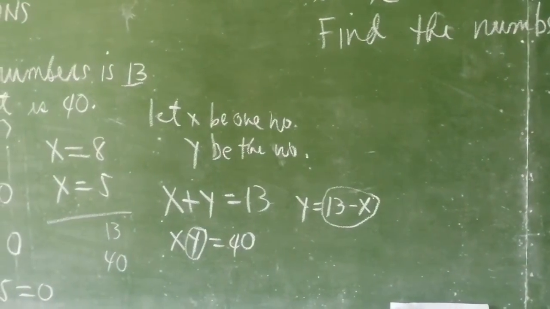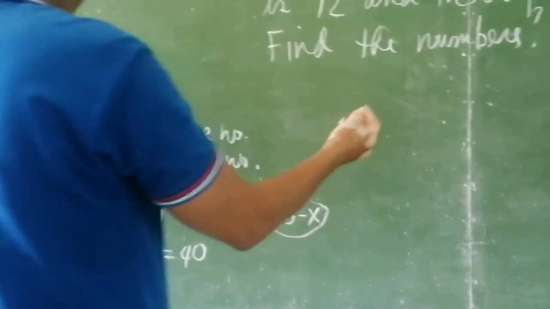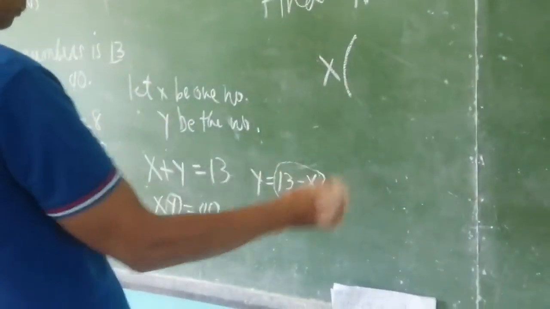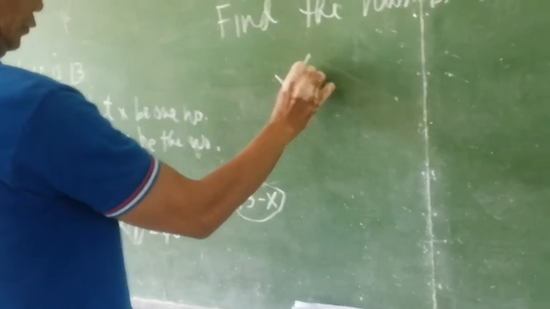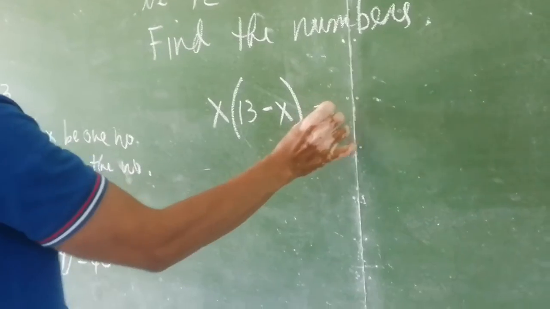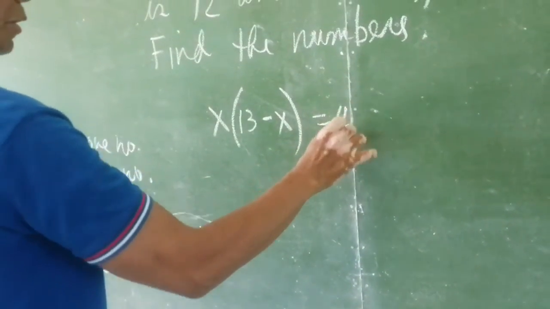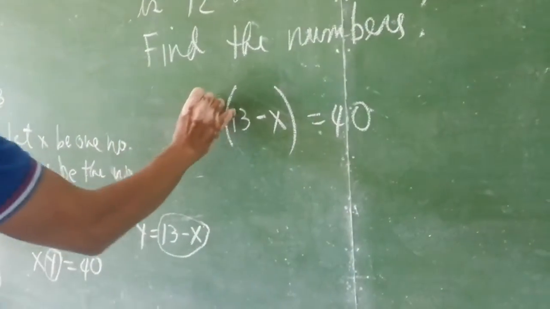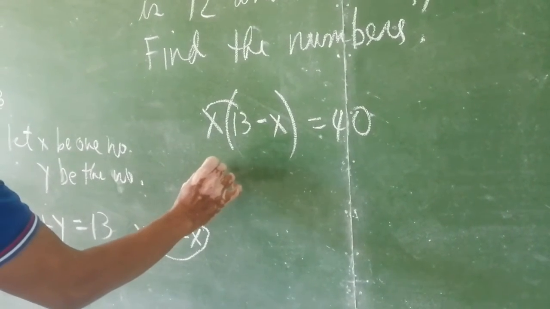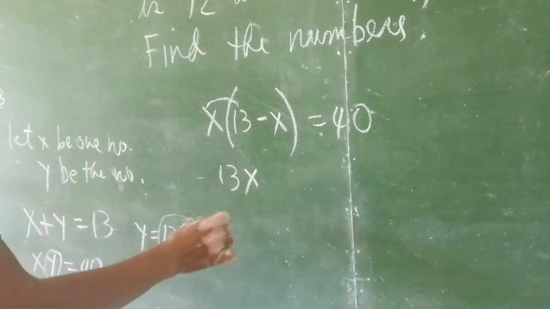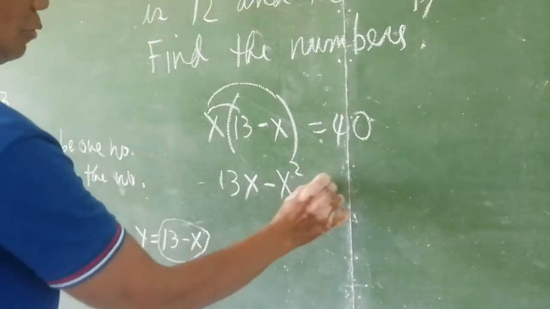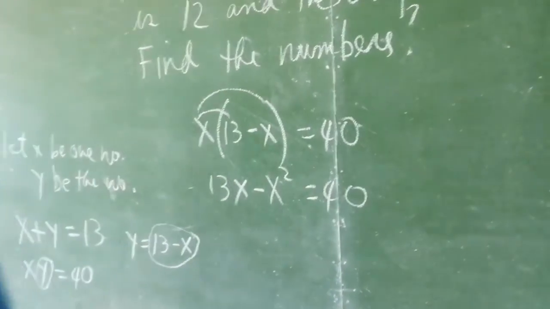Okay, so it will be like this: x times 13 minus x, and equate that to 40. So you multiply, it will be 13x minus x squared equals 40.